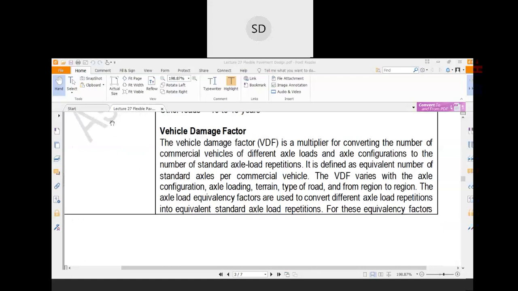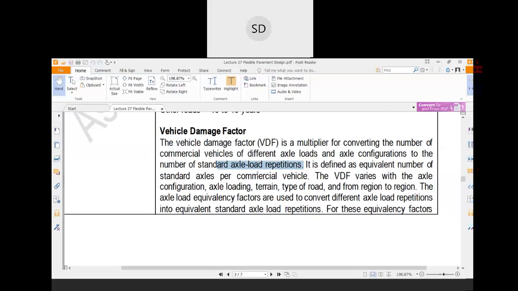Now the next thing is vehicle damage factor. The vehicle damage factor is a multiplier for converting the number of commercial vehicles of different axle loads and axle configurations to the number of standard axle load repetitions. We have already discussed that whenever you are considering the traffic, your standard loading condition is 8160 kg, and you have to convert all the loading configurations and loads in terms of cumulative standard repetitions.